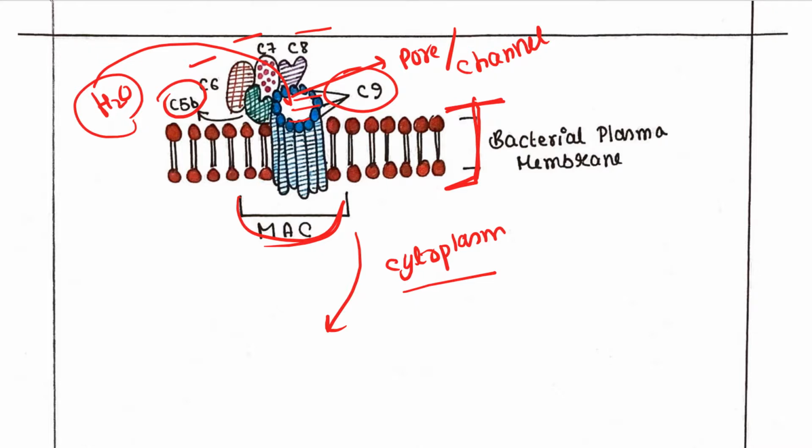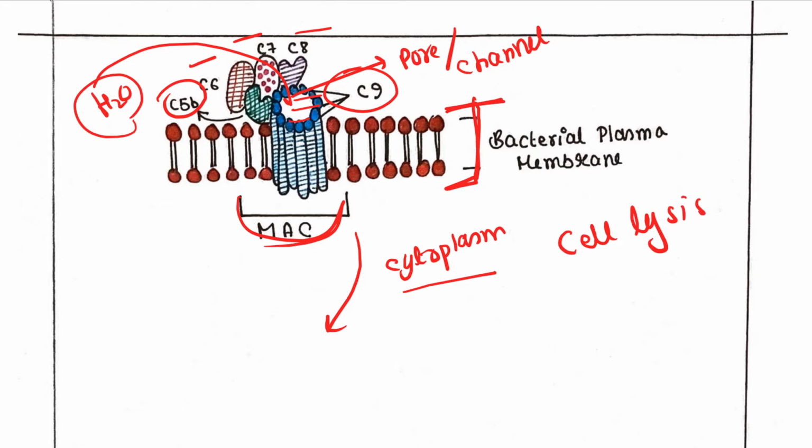And when the water concentration is very high inside the cell, what will happen? The cell will burst. The cell will undergo lysis, right? Because the concentration of water is very high inside the cell. And the bacterial cell will be destroyed because cell lysis will take place.